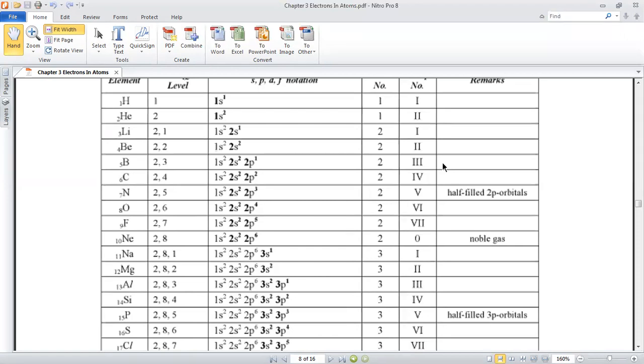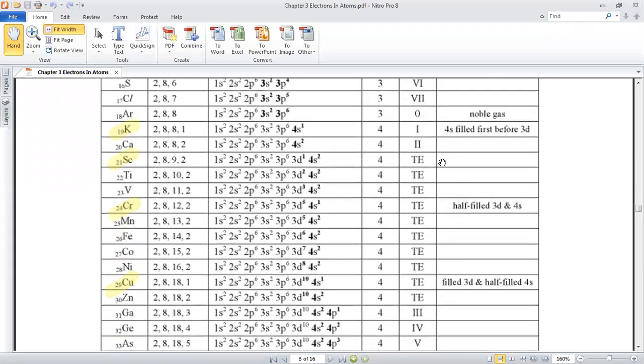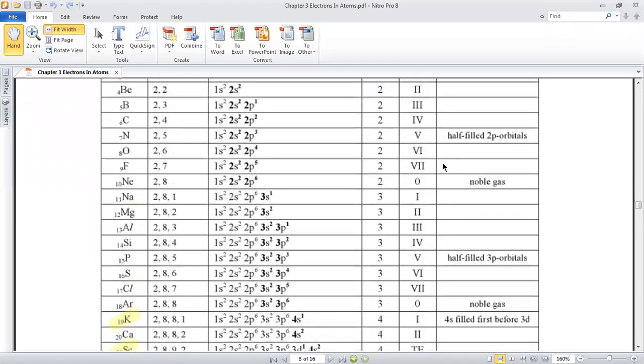Then comes nitrogen. So nitrogen has electronic configuration of 1s2 2s2 2p3, and one more rule is coming towards you.